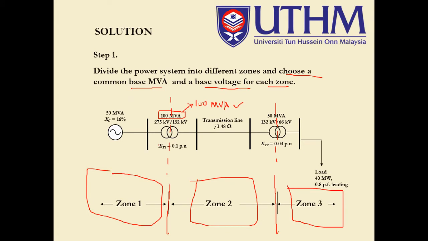And then the V base, of course, is dependent on the zone of the transformer. Let's say this is 275, zone 1, the rating voltage. So we pick 275 for zone number 1, the V base 1. And then this is 132, zone 2, V base 2, and this is 63, the V base 3.